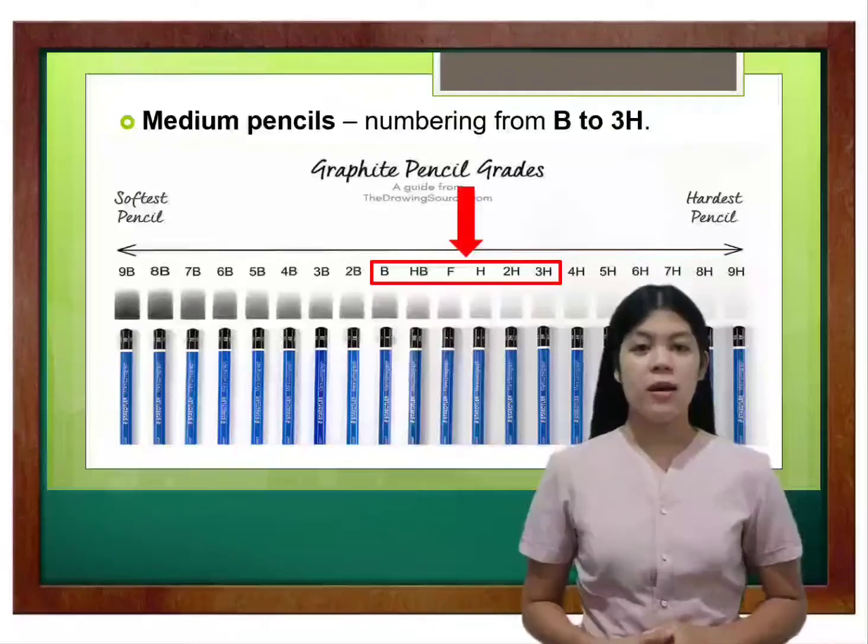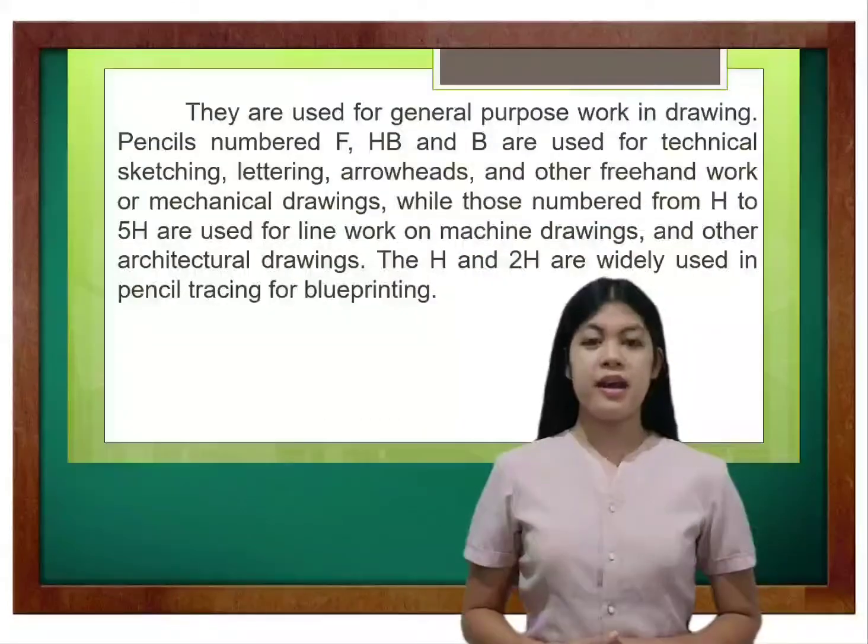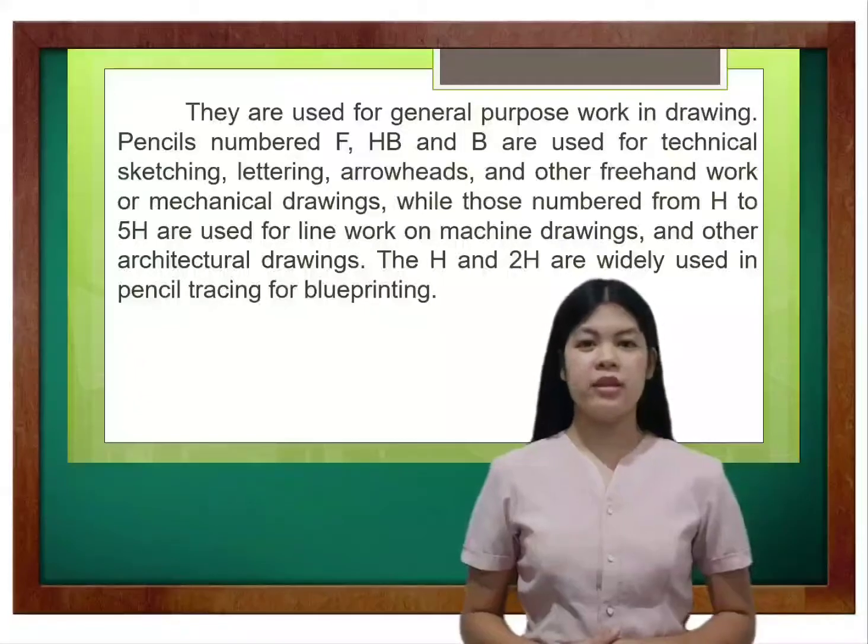As you can see on the picture, the medium pencils from B to 3H produce medium values of shading. They are used for general purpose work in drawing.